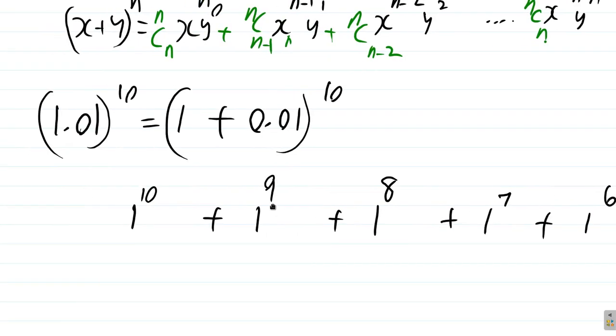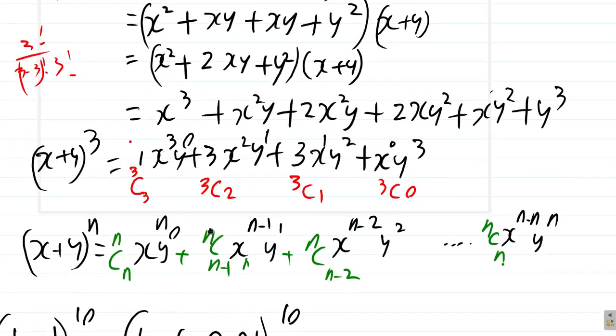You won't need all 10 of them because the question says to 3 decimal places. If you write out all 10 of them, you're going to a lot more than 3 decimal places, but you only need 3. Now, 0.01. You multiply this by 0.01 to the, now notice, the power starts at 0 and goes up.